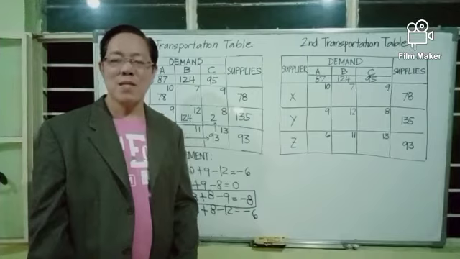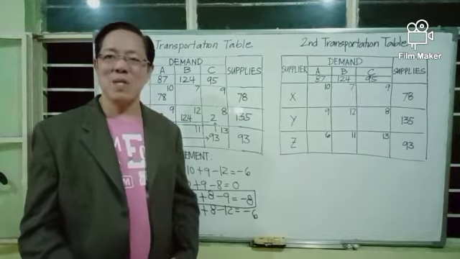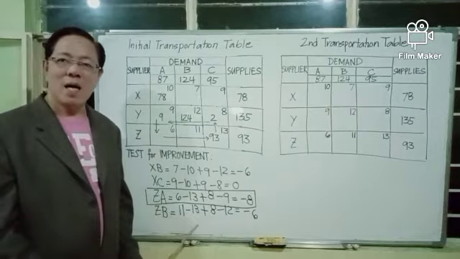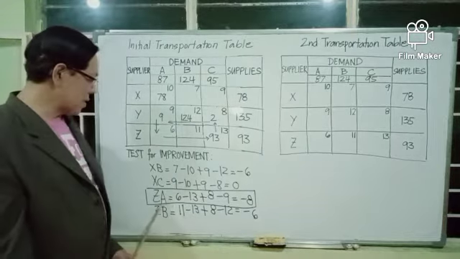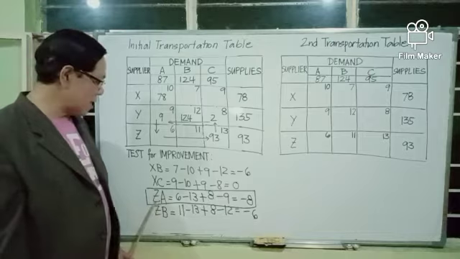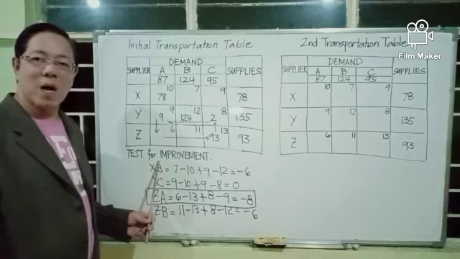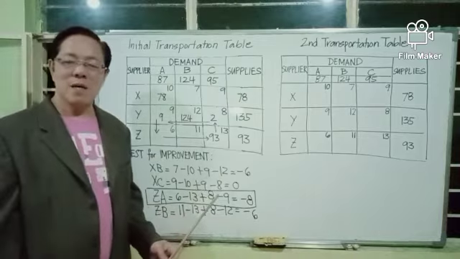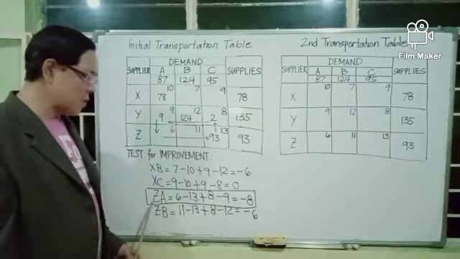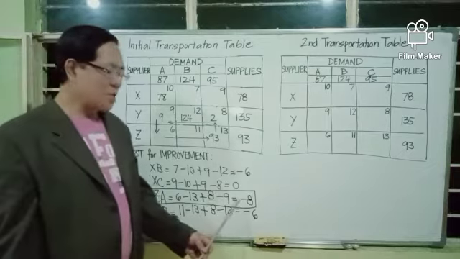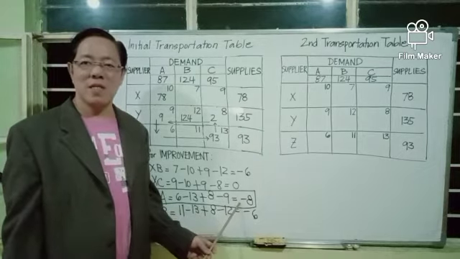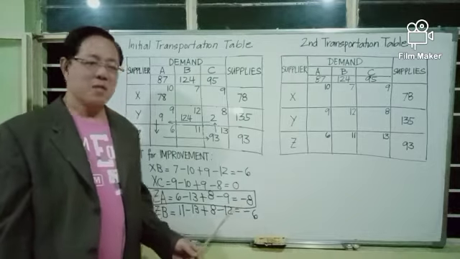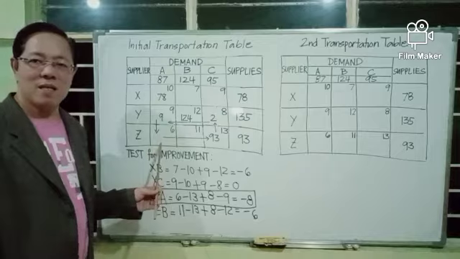We now determine the number of units that should be transferred to the vacant cell ZA. And we chose to transfer some units to the vacant cell ZA because, based on our test for improvement, it is best to transfer some units to ZA because we would get the greatest decrease in the total transportation cost per unit that we transfer to the vacant cell ZA.